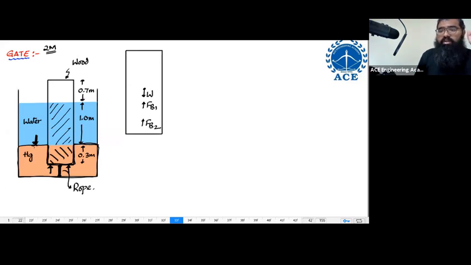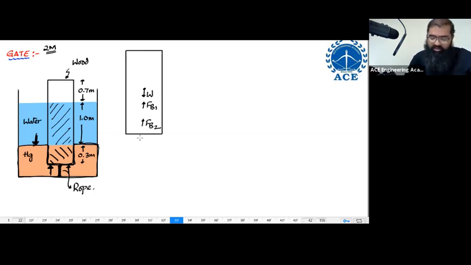Everything is pressure. If you remember, under fluid statics the first thing I wrote was pressure. Everything depends on pressure. Even though water by itself is not present below over here, water is creating some pressure which is present below over here, which is creating some FB1 over here.